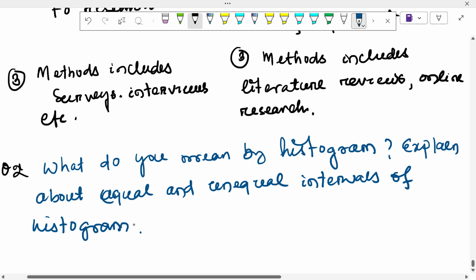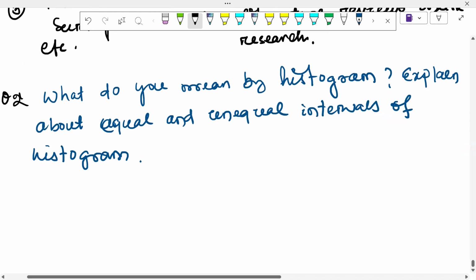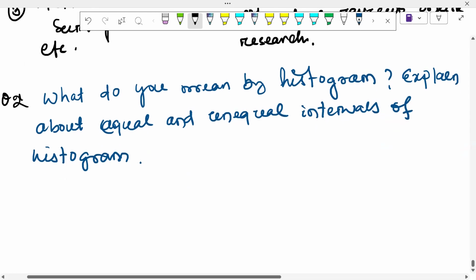This is question number 2, whatever we discuss now about the histogram. What do we mean by the histogram?